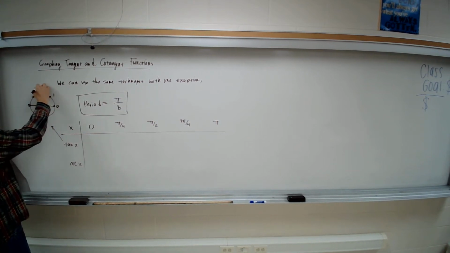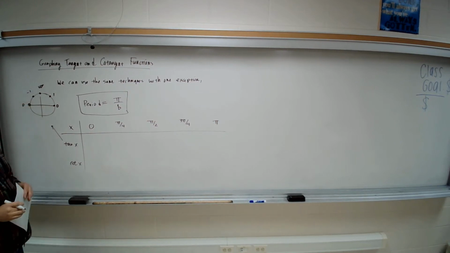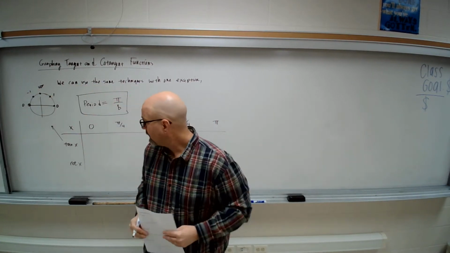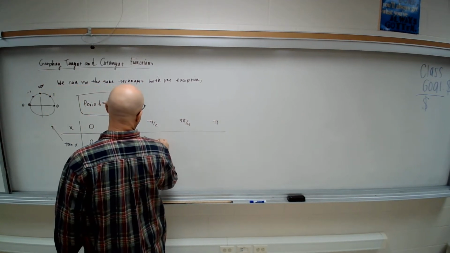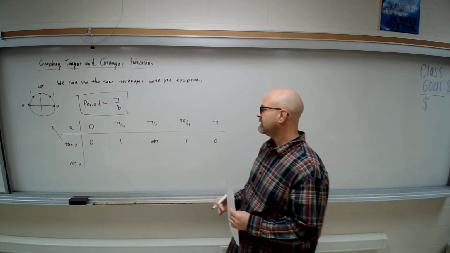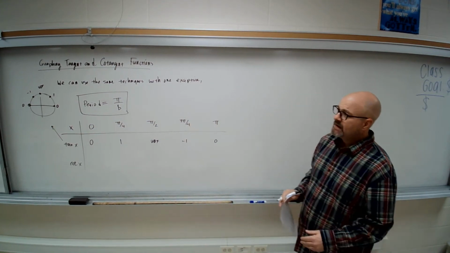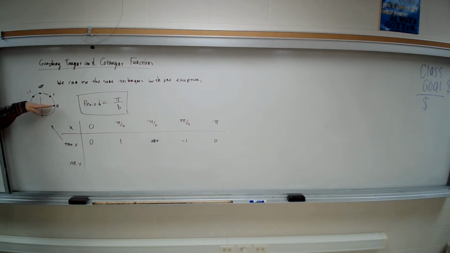That'd be 1, undefined, -1, 0. So that's our first row here: 0, 1, undefined, -1, 0.